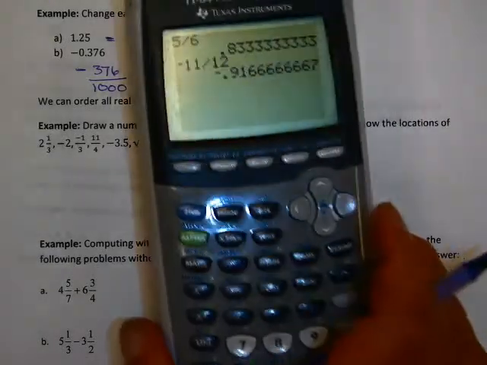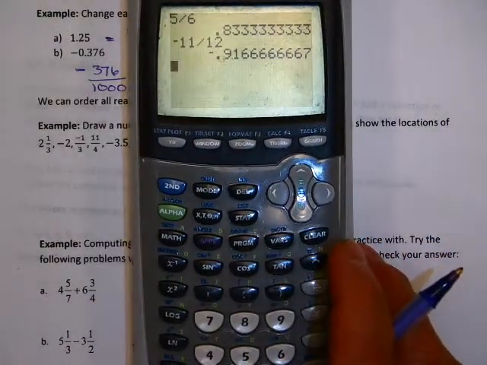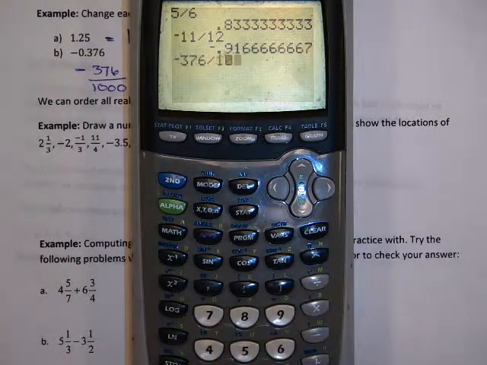Now let's say you want to use your calculator to simplify this fraction. Here's one way to do that. Put minus 376 divided by 1,000 in. Okay, that gives me this decimal. But I would like this to be a fraction. Here's a shortcut to simplify by a fraction.